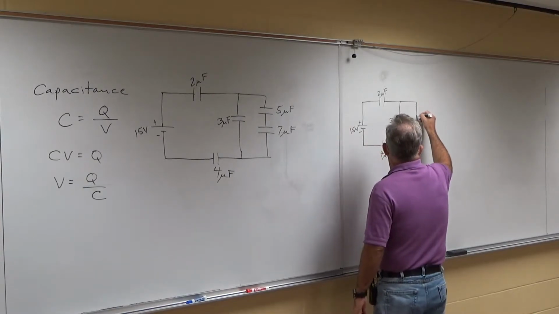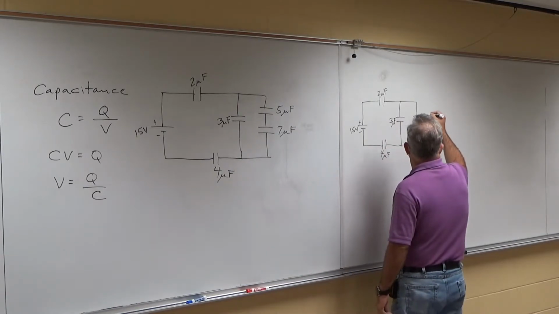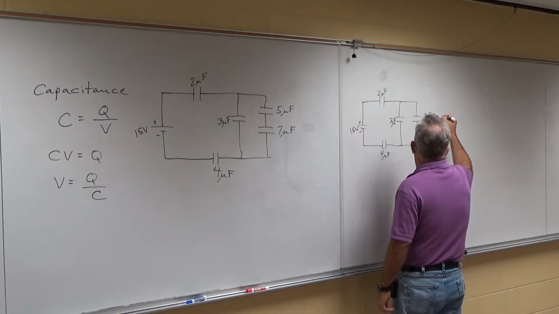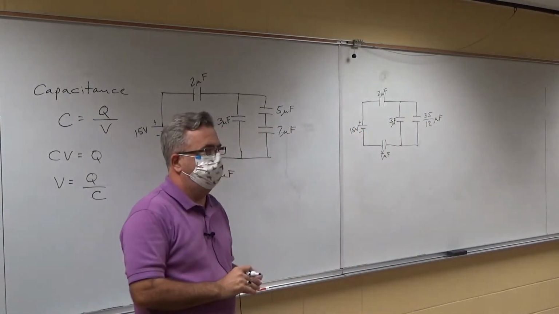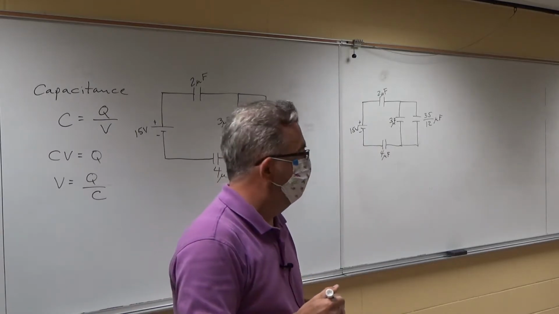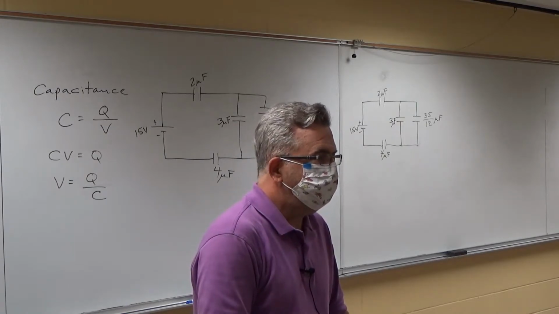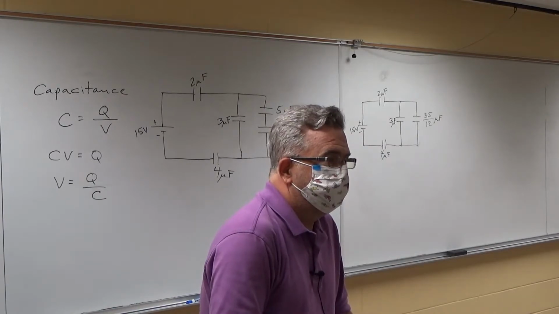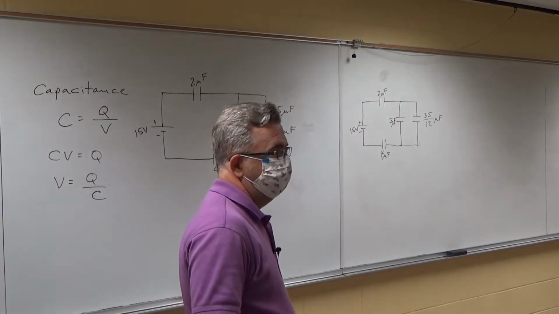And now this one hanging out here, since we have a 5 and a 7, that's 35 over 12 microfarad. Okay. I just came from C1 times C2 over C1 plus C2, if you're wondering where I got that.